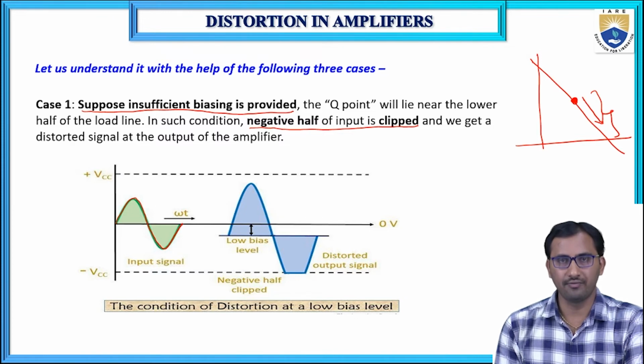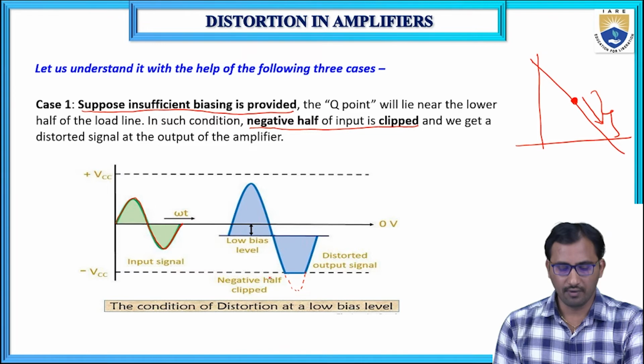The output waveform shape will be similar to the input waveform. That is called faithful amplification. But here, due to poor or insufficient biasing, the operating point is shifted to the lower half of the load line. So that's why, see here, clipping takes place at the negative peak.